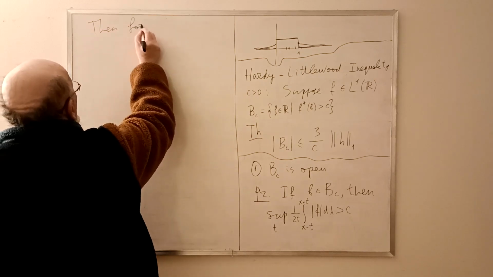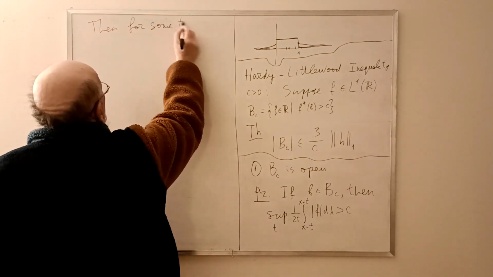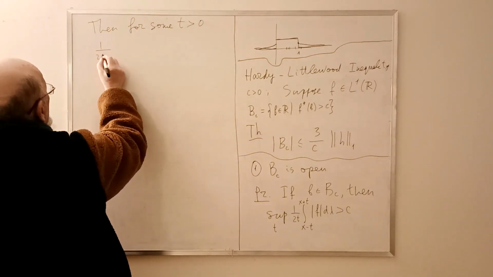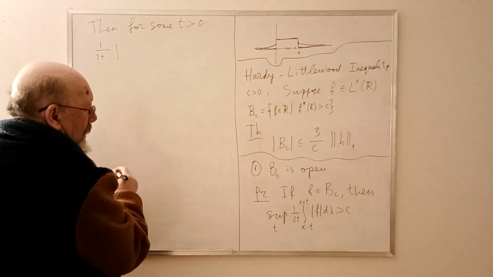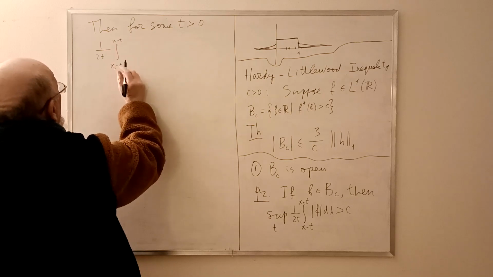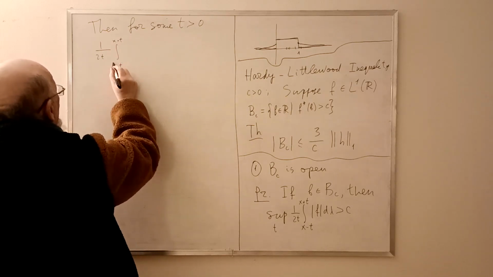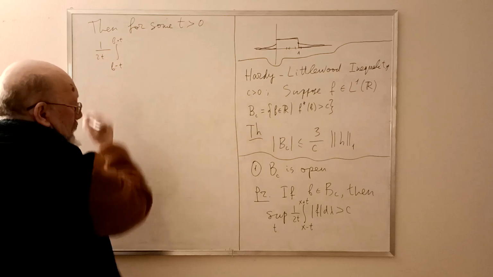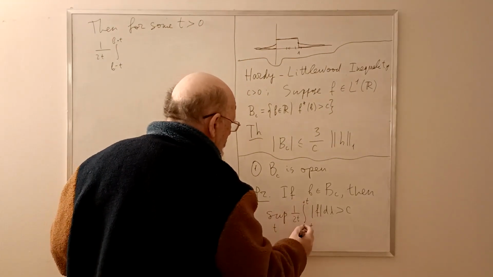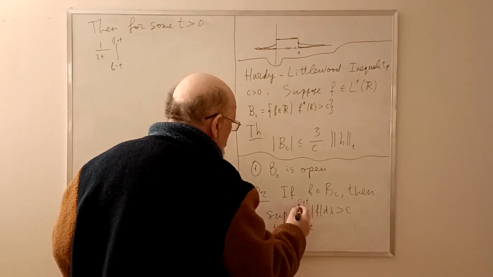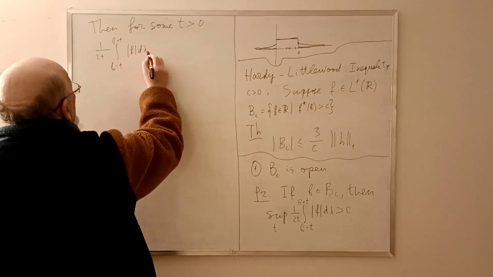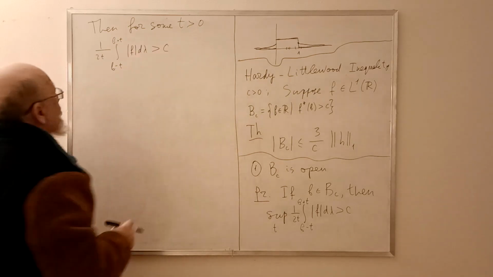Then for some t, 1 over 2t times the integral from b minus t to b plus t, not x but b, of modulus of f d lambda is more than c.